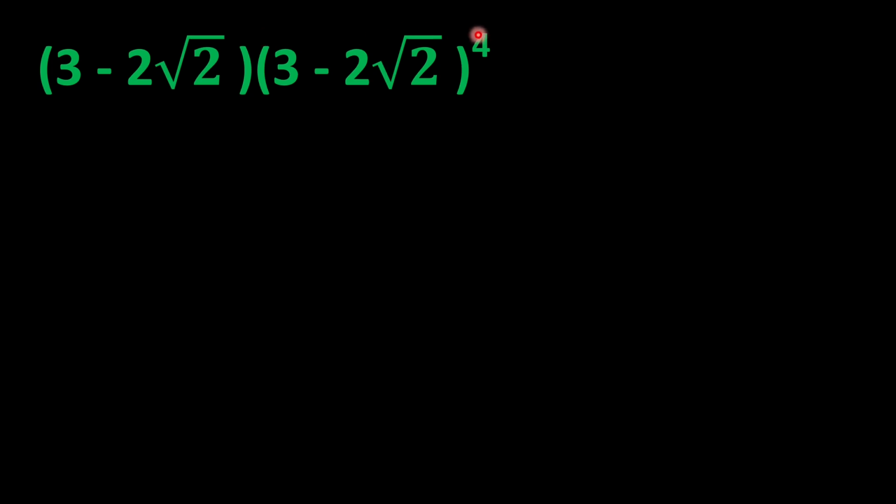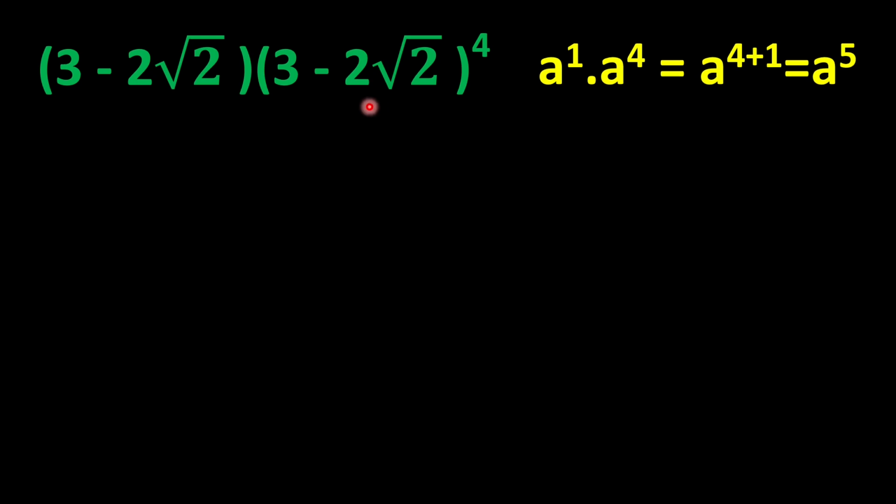So 1 plus 4 equals 5. For example, a power 1 into a power 4 is equal to a power 4 plus 1, which is equal to a power 5.